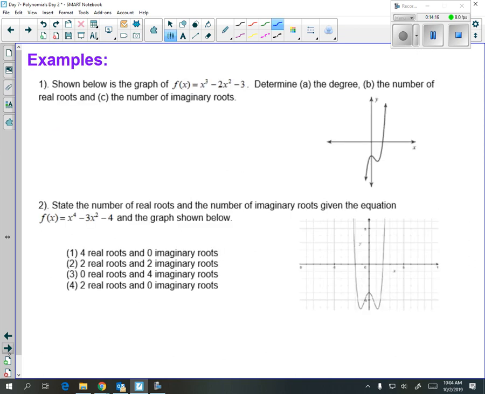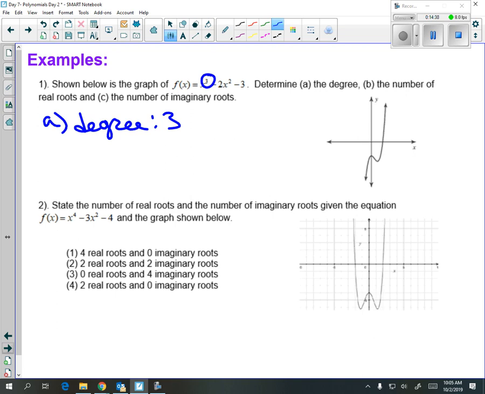So let's look at the first example. Looking at this, I know that the largest exponent means it is my degree. So for the first one, A, my degree is 3, because that's my largest exponent.